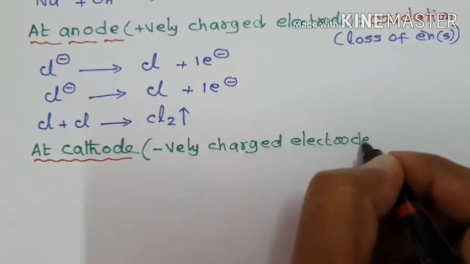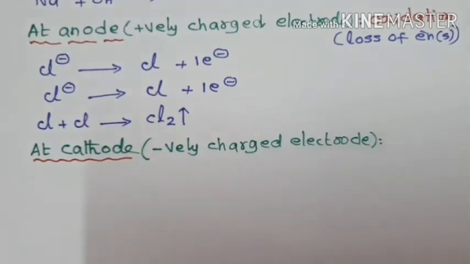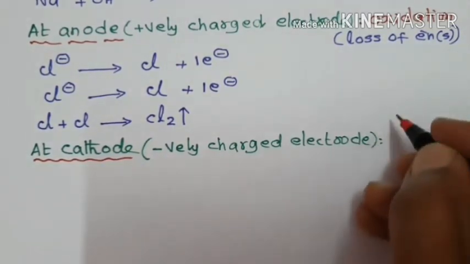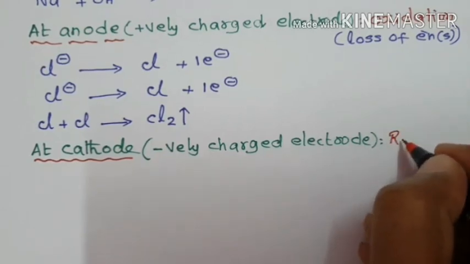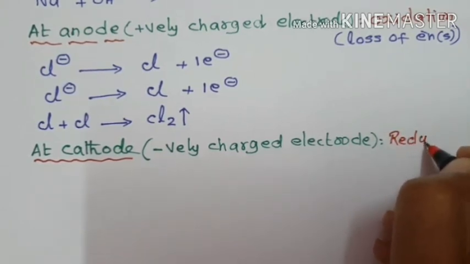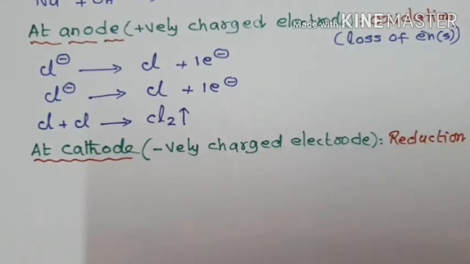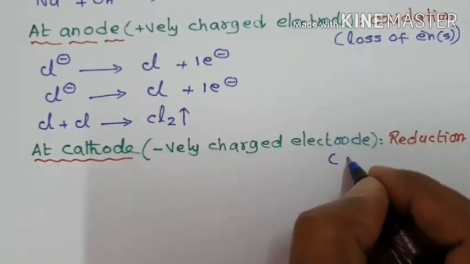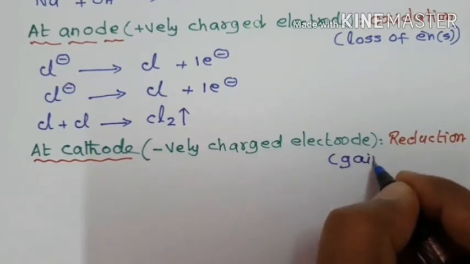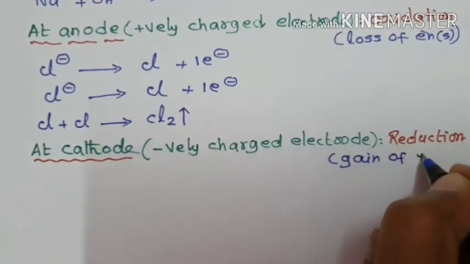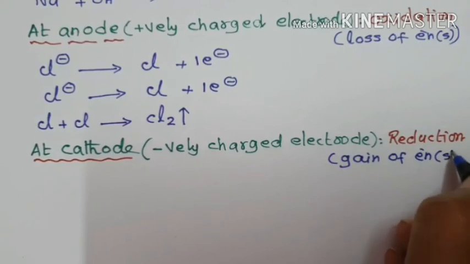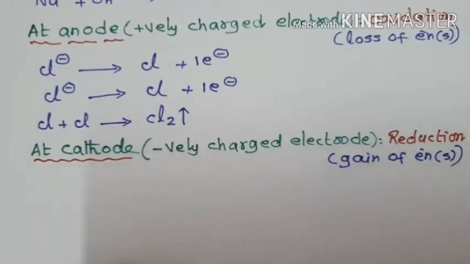In the cathode, a reduction reaction takes place. What is meant by reduction? Gain of electrons is called reduction.